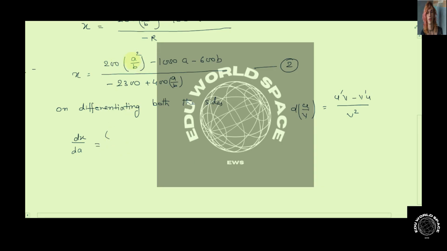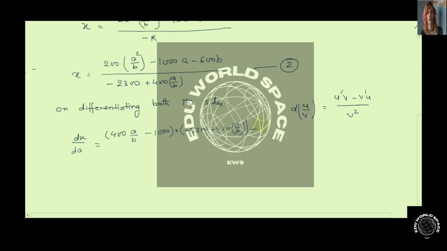Differentiating the numerator with respect to A, the first term comes out to be 400 A upon B minus 1000, and since 600B is a constant term, its differentiation will be 0, multiplied by the denominator, that was minus 2300 plus 400 A upon B.